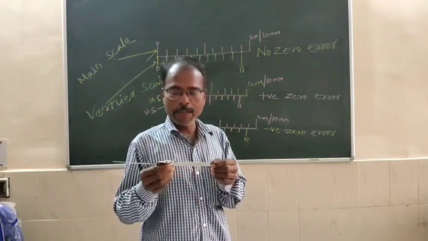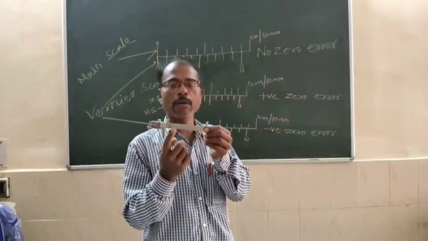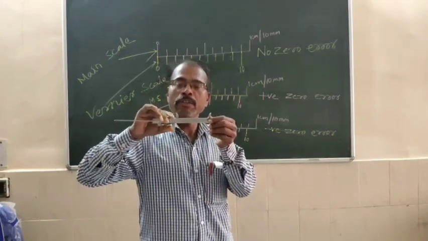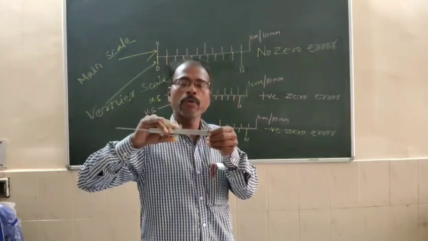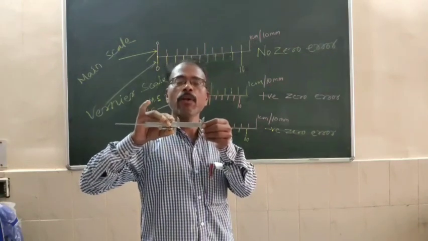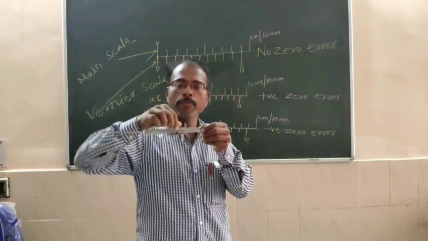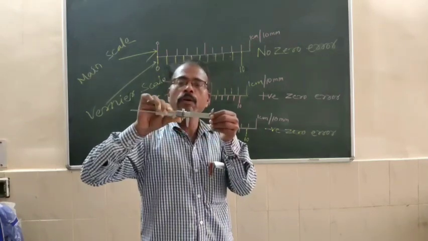One is the main scale, this one is the main scale. This part which moves on the main scale is known as the vernier scale.